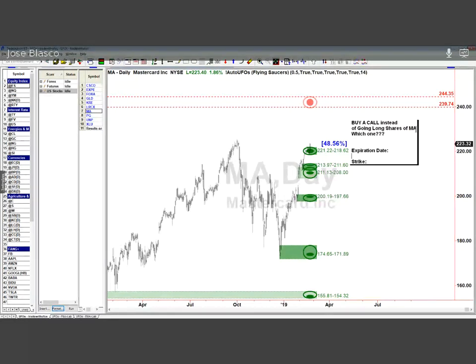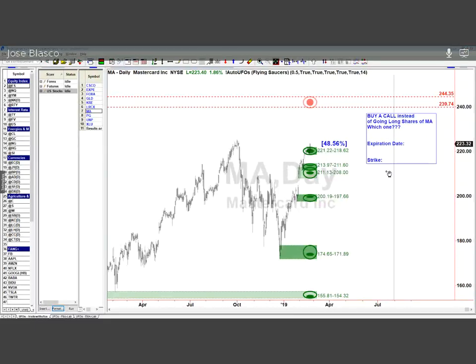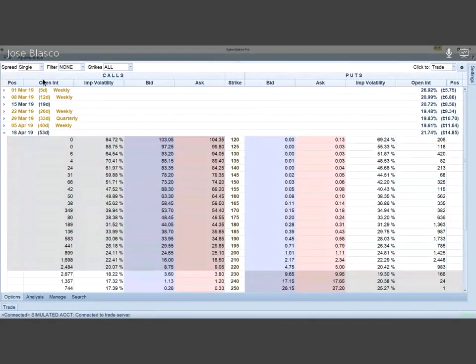The question is, if we were to do that, which is the one we would do? And remember, we need to answer two questions, which is what expiration date and what strike. The easiest one to answer all the time is the strike, because you look at this number, 221, and you just go take a look at the option chain to see what's available.